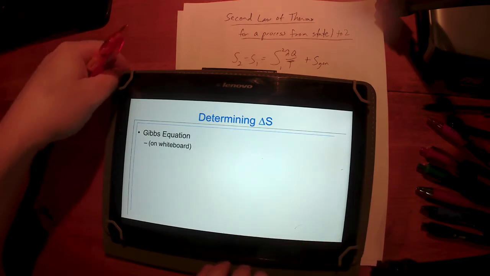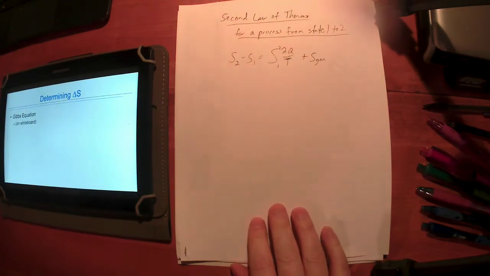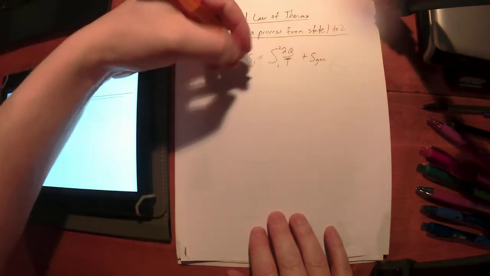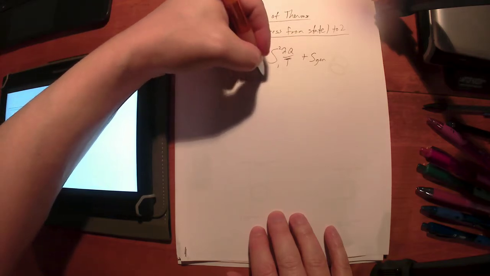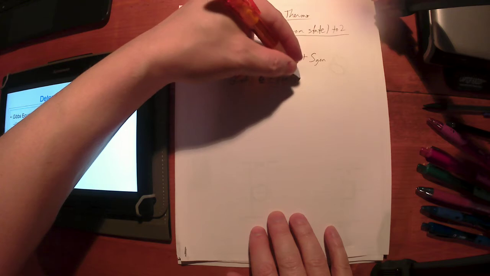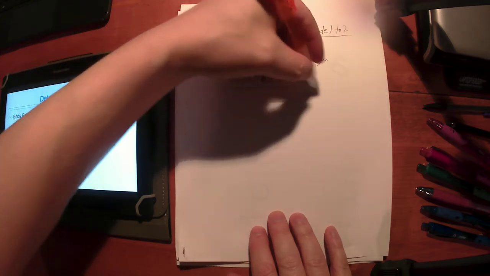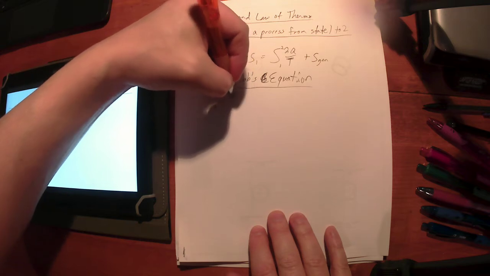Okay? And then the last thing we talked about, the third way we can determine a change in entropy, we said was Gibbs equation. We derived these last time. There's no reason to derive them again. But Gibbs equation, Gibbs free energy equation, sometimes it's called, allows us to approximate an entropy change for different substances.